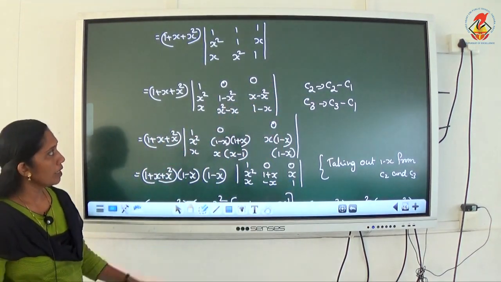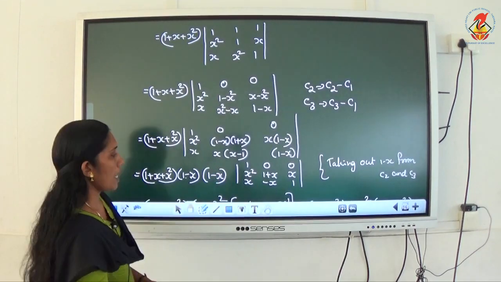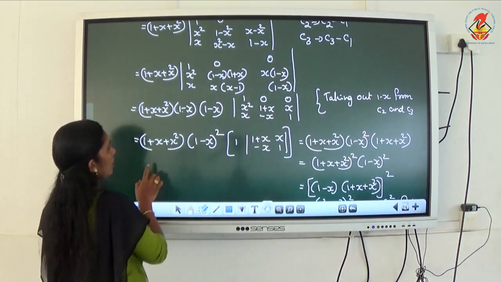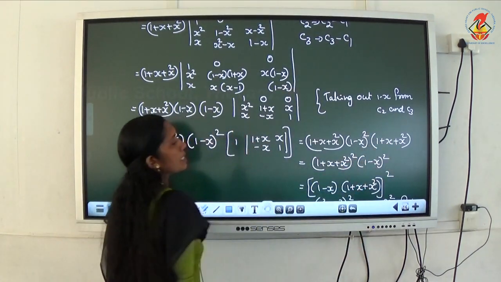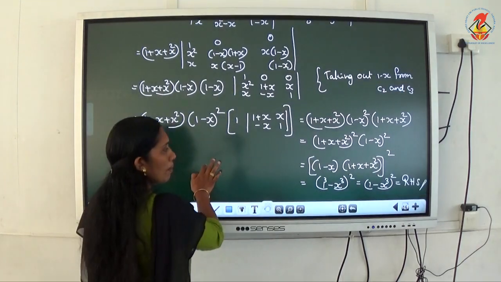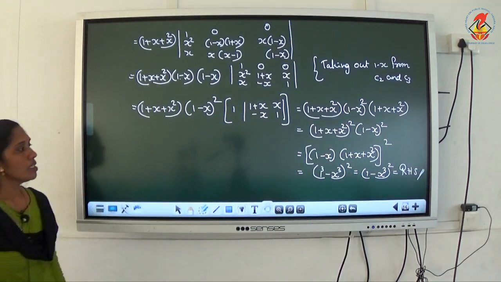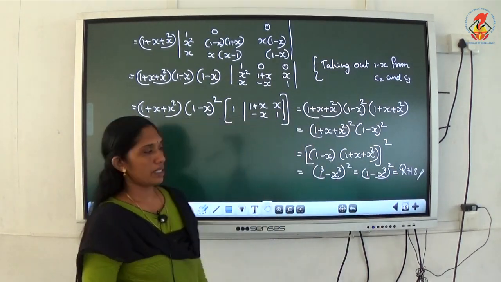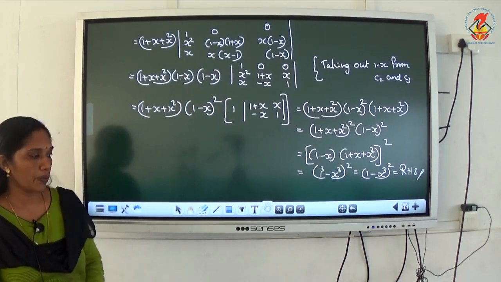Then from C2 and C3 we take 1 minus x outside. Then we expand. So we get (1 minus x) whole square and (1 plus x plus x²), and when we expand we get one more (1 plus x plus x²). Then we combine. This is of the form a³ minus b³. So we get (1 minus x³) whole square, which is equal to the RHS. I hope all of you understood this. Thank you.